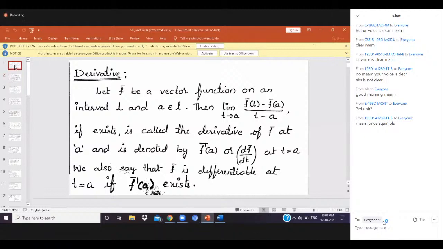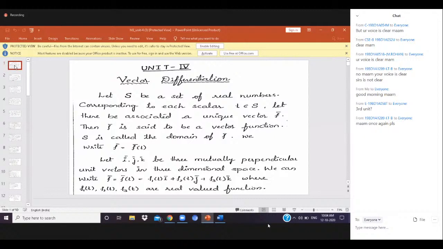There is no definition here, just what a vector is. S is a set of real numbers, and with each scalar in those real numbers a unique vector is associated. That unique vector is represented as f bar, and f bar equals f bar of t.